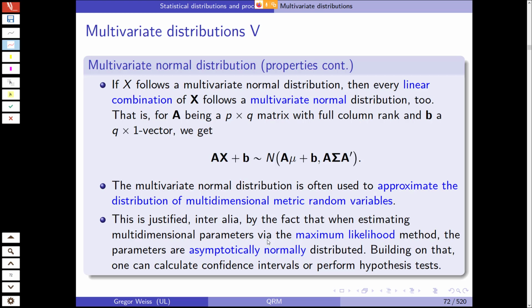Now, if x follows a multivariate normal distribution, we also know that every linear combination of x also follows a multivariate normal distribution.